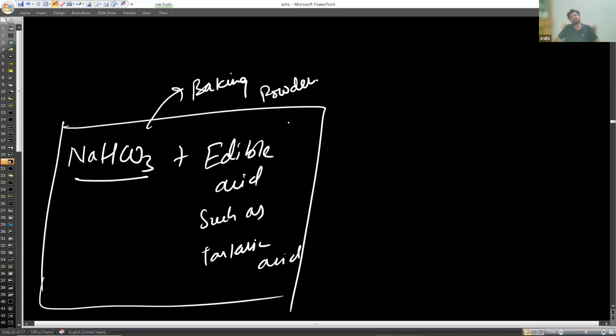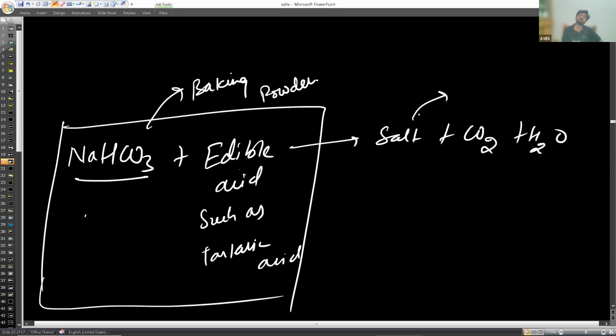And why are we adding this to baking soda? First of all, it will neutralize the bitter taste. This is a base and this is an acid, so acid plus base will give you salt plus carbon dioxide plus water. And now this new salt is not bitter in taste because it has been neutralized.